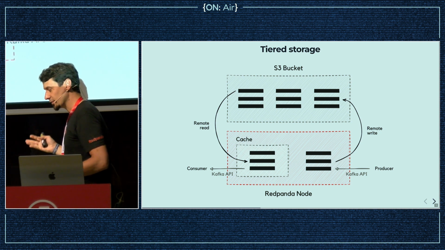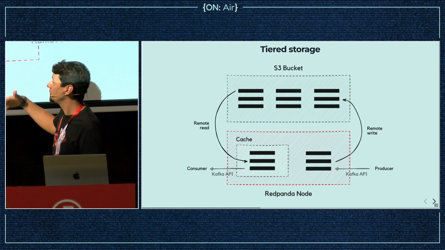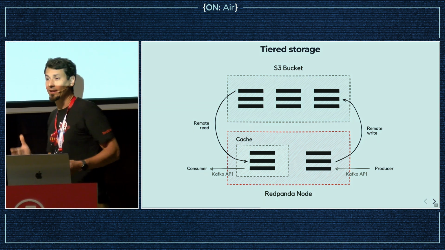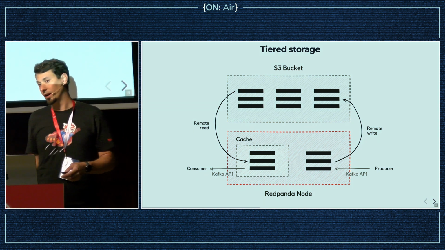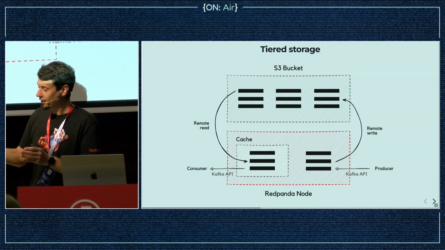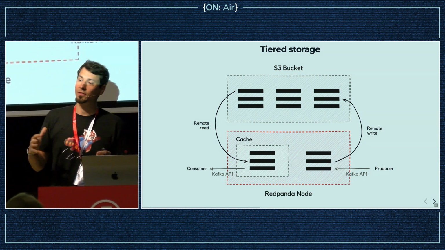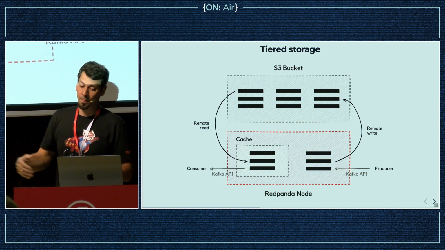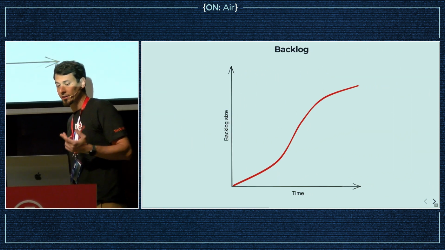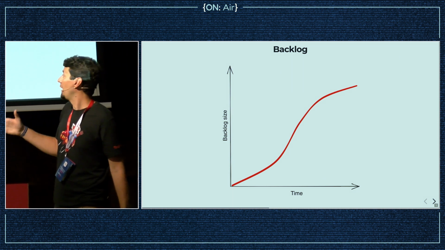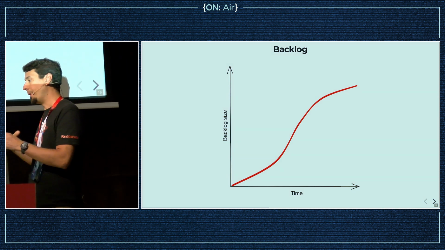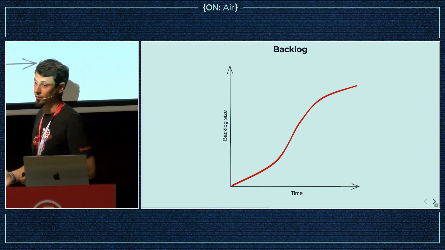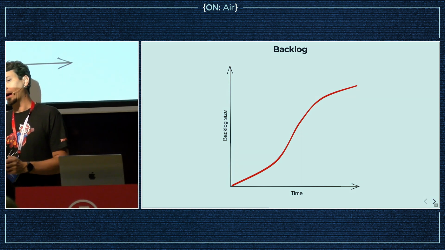So uploading data to an object store has the same property as compaction, right? As we write data to the log, the amount of data to be uploaded to the object store grows. This is an interesting property, and we call it a backlog growing task. As time goes on, the backlog grows.